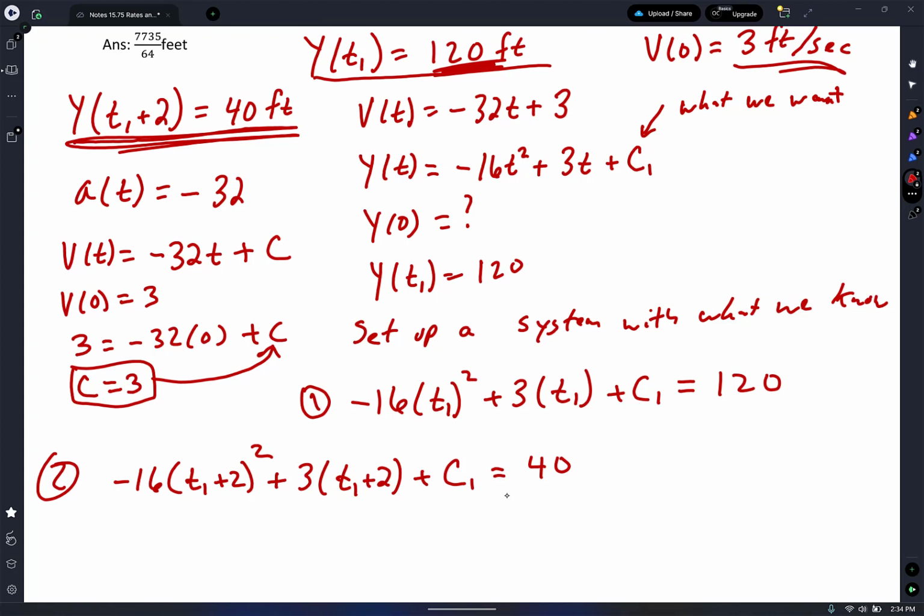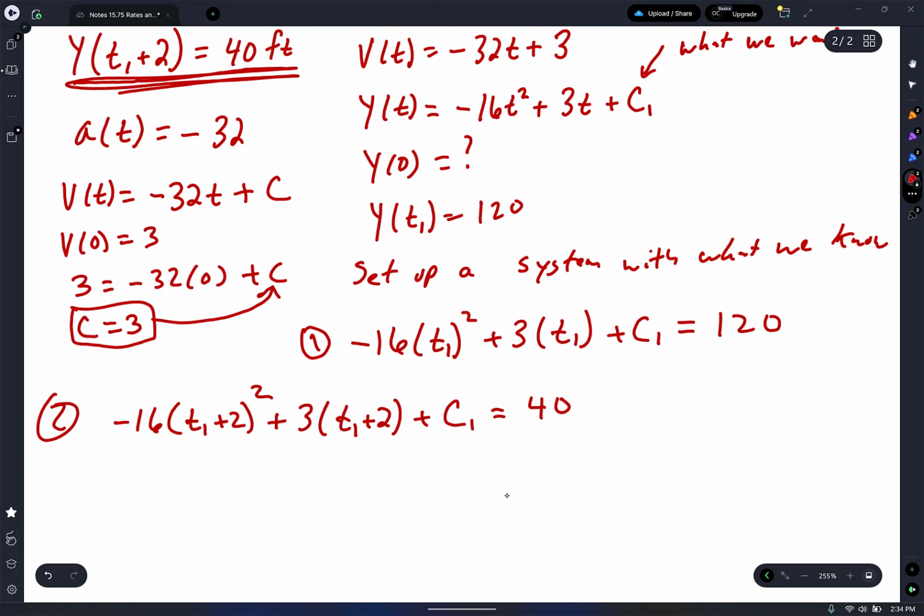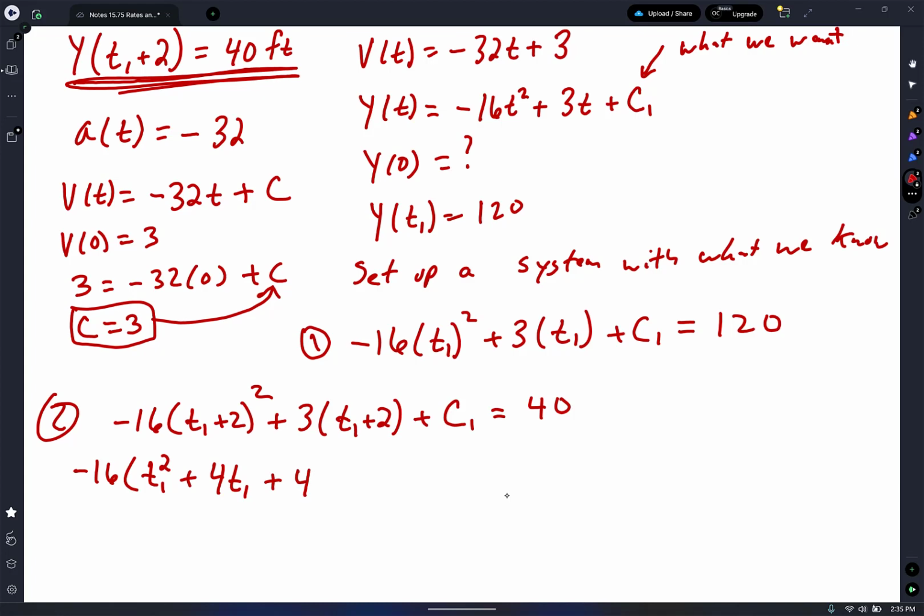Just expand. How can I say distribute? Negative 16, parenthesis, T1 times T1. T1 squared. Plus T1 times 2. 2T1, but how many of those are you going to have? So 4T1, because you're going to have 2 of those. Plus, what's 2 times 2? 4.